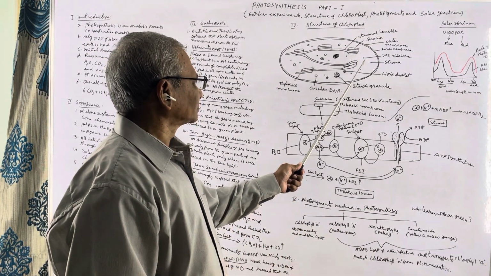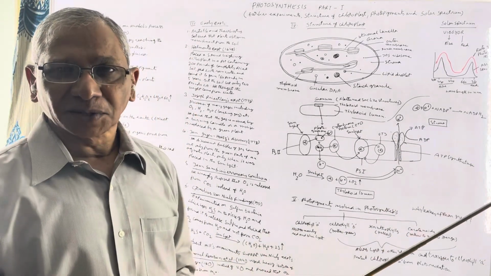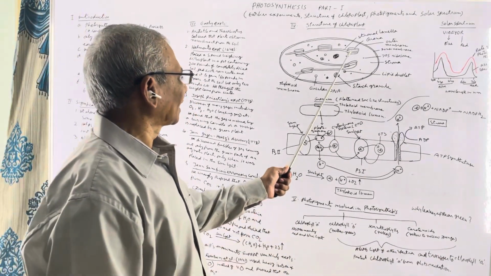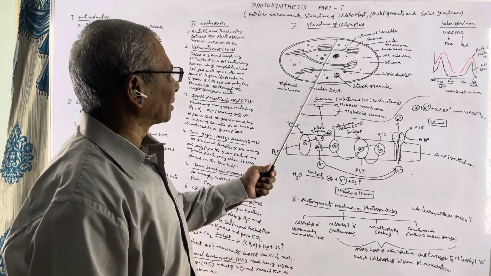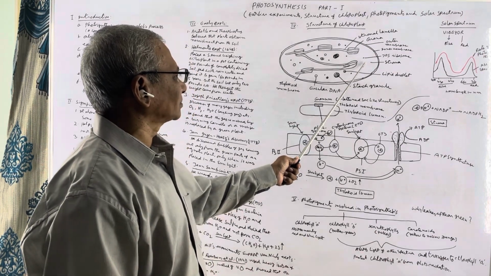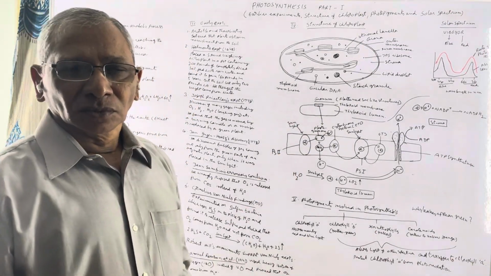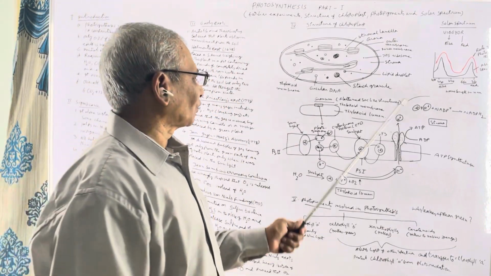Light reaction occurs in grana, or light dependent reactions occur in grana or granum membranes, whereas the dark reactions occur in stroma. All the enzymes required for dark reaction are found only in the stroma.